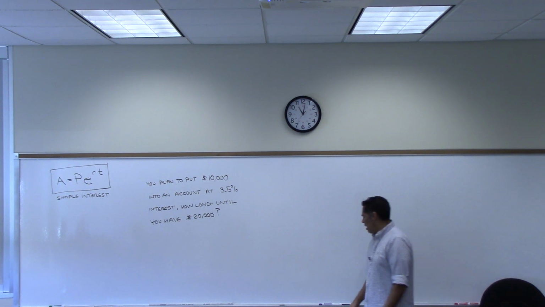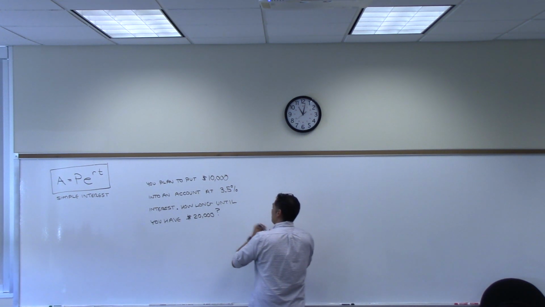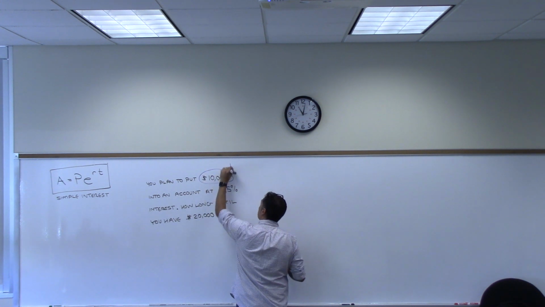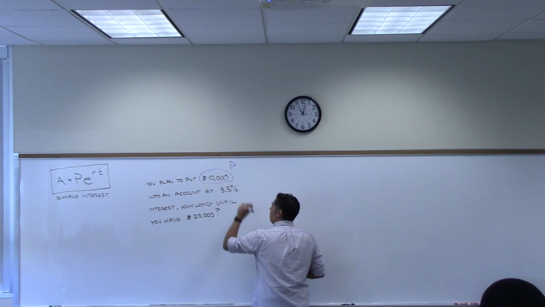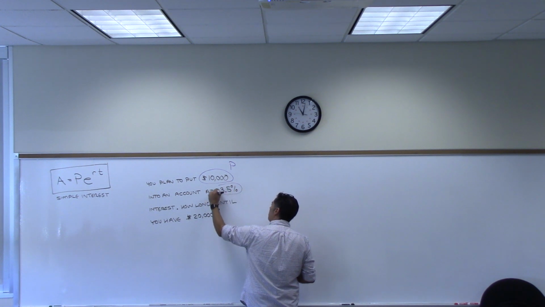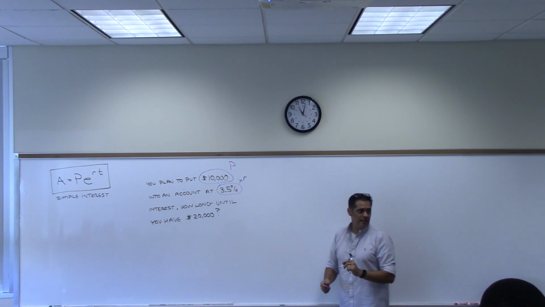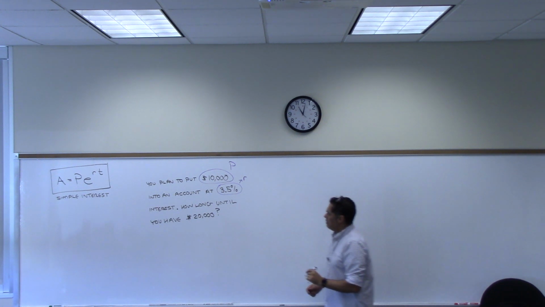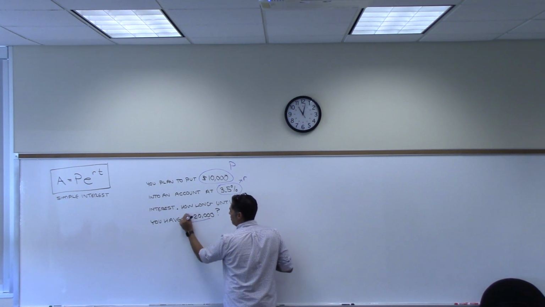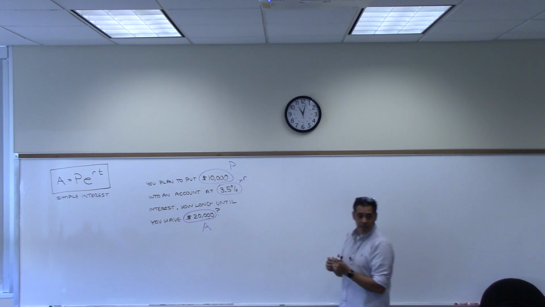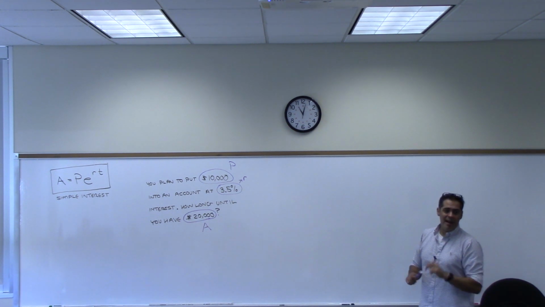Let's fill things out. What is the 10,000 for us here? The P, the principal, the amount that we start with. What is the 3.5%? That's our R, but remember we'll have to convert it to a decimal. And then the 20,000, that's the A, the amount that we want at the end. What do we not have?